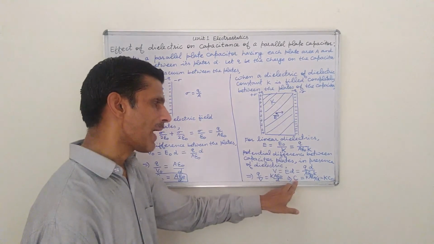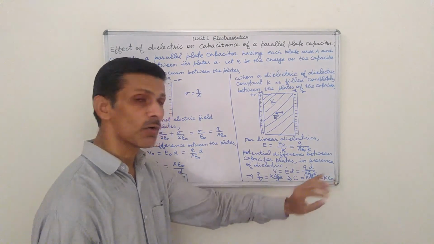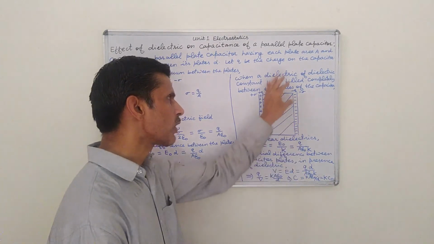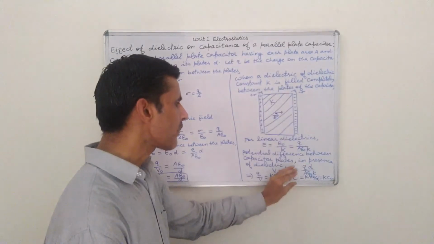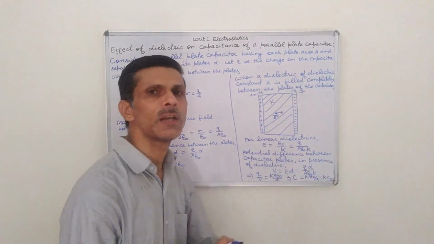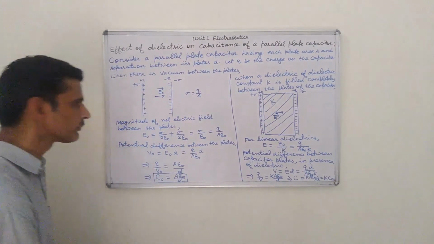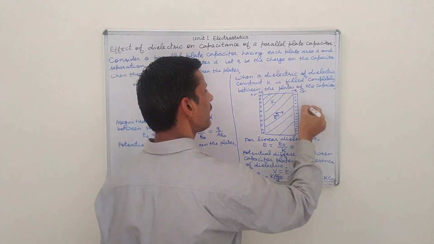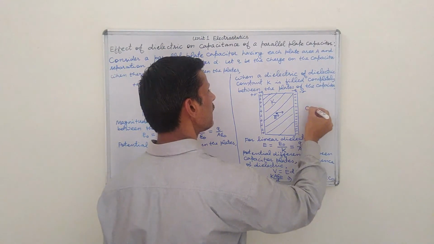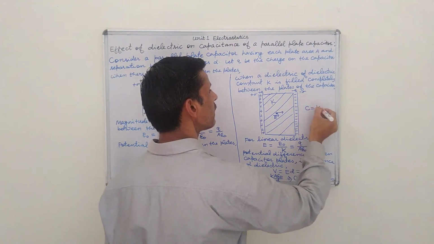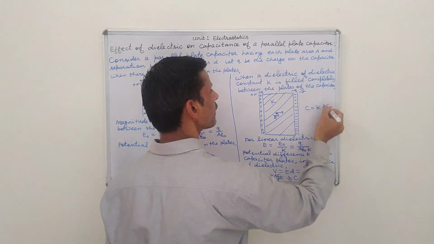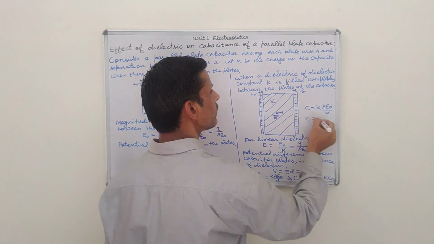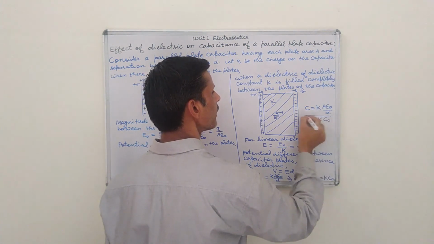And you know, dielectric constant of a dielectric, it is always greater than 1. So, in presence of dielectric, capacitance of the capacitor increases. So you have in presence of dielectric capacitance C, it is equal to K A epsilon naught upon D, that is C is equal to K times C naught.